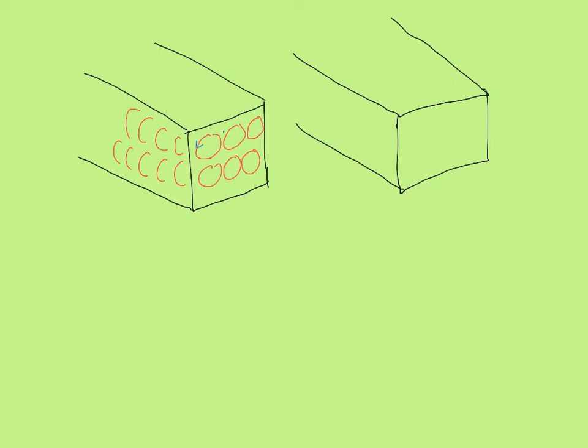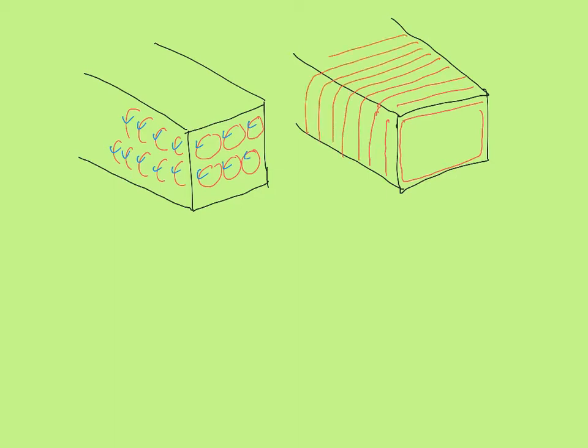These are the directions of current, and in the net effect, you have this current over the surface of the solid, current on the surface of the substance, like this.